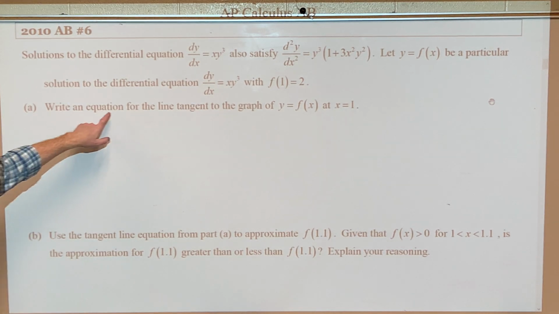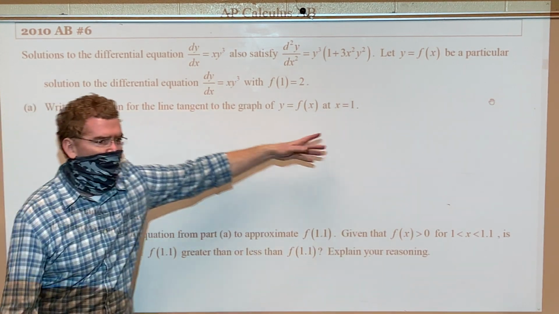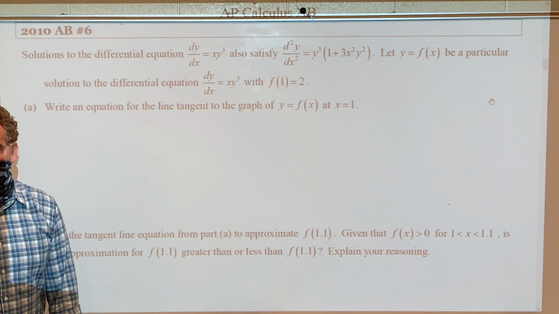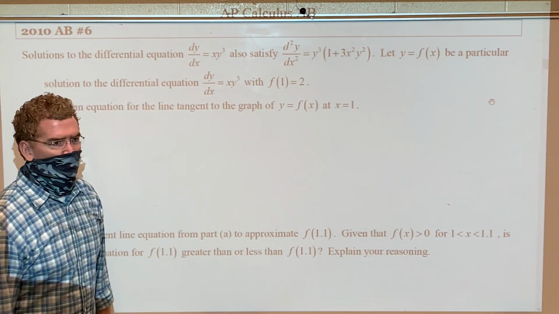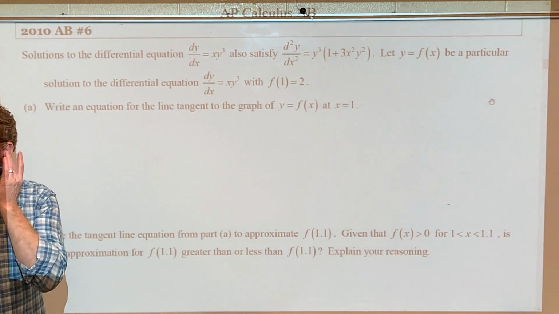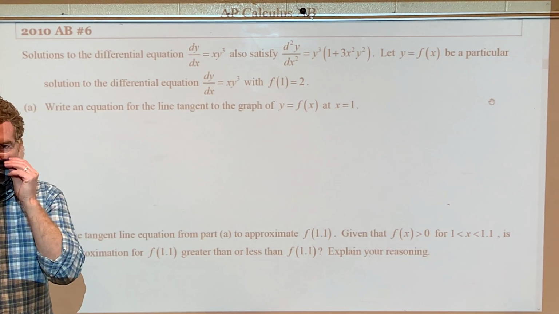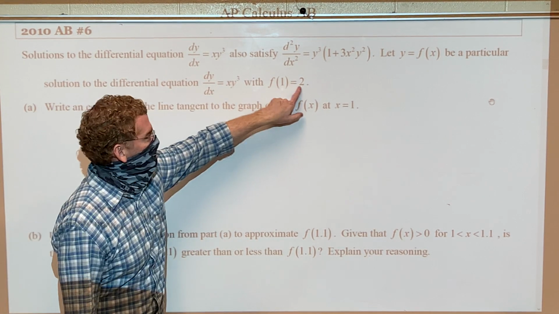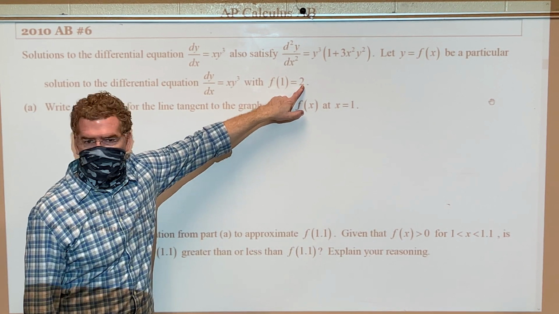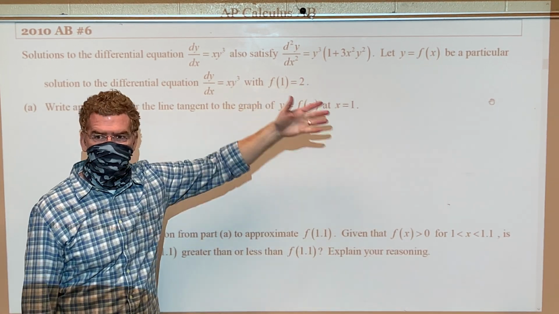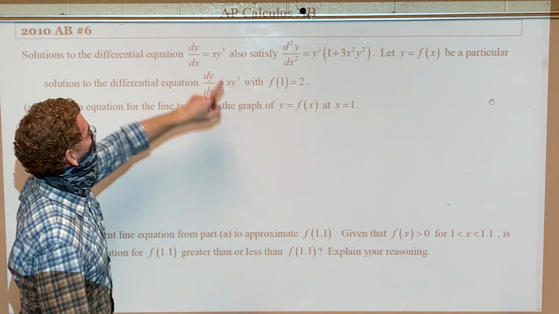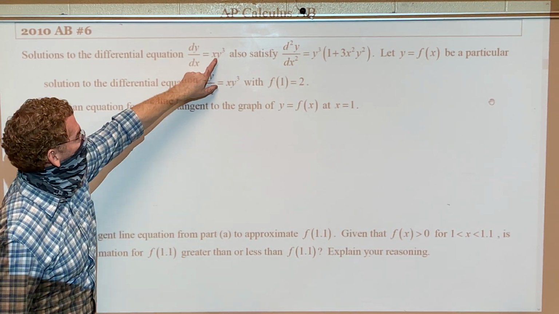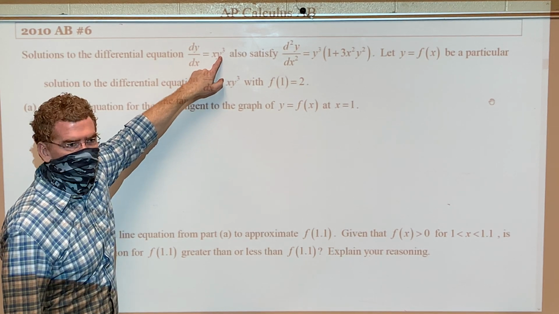It says write an equation to the line tangent to the graph. Here we go again. Tangent line approximation. So I have a point, x equals 1. Wait, that's not a point, that's a coordinate. Do I have the actual point that goes with 1? Yeah, they gave that to me right here. So I got the point 1, 2. Do I have the slope at that point? No, but I can find it from this, right? So if I plug a 1 in there and a 2 in there, what's my slope?